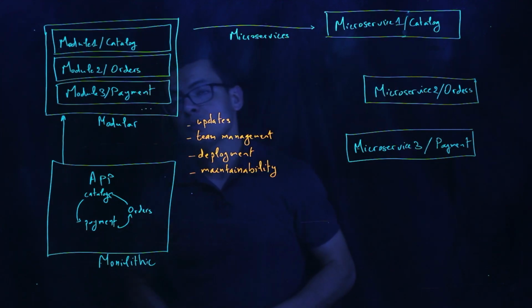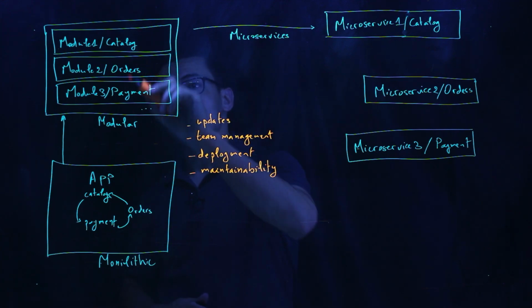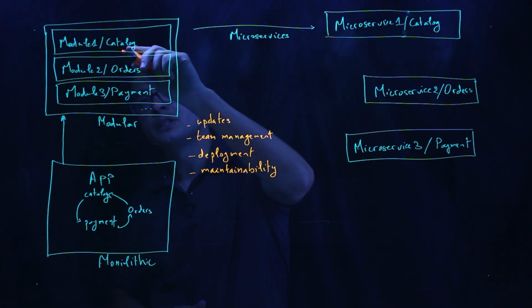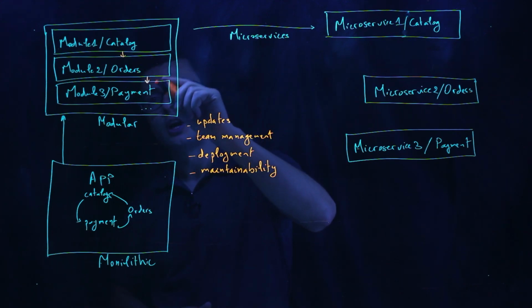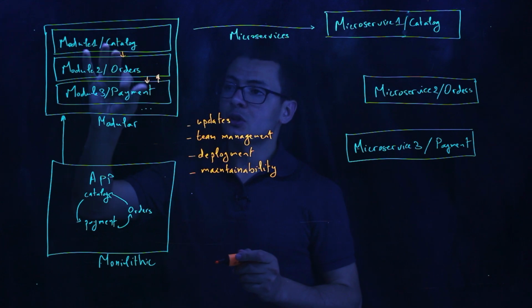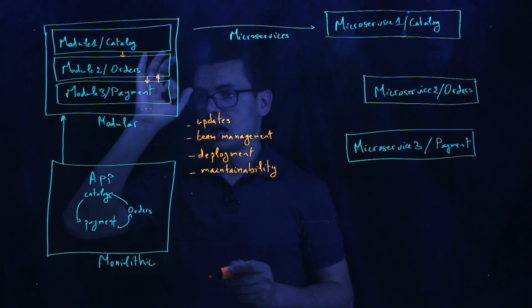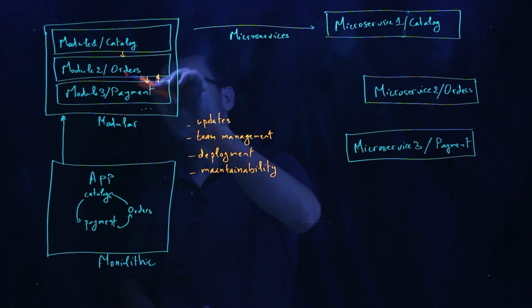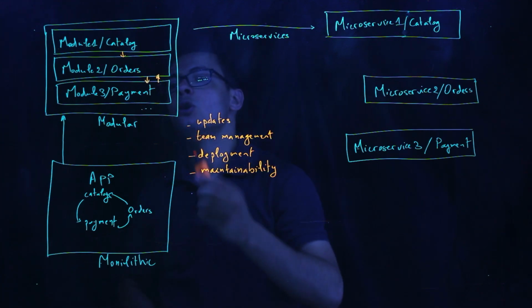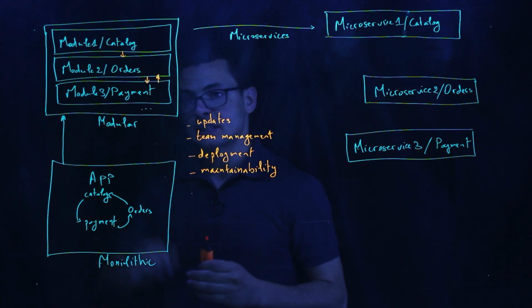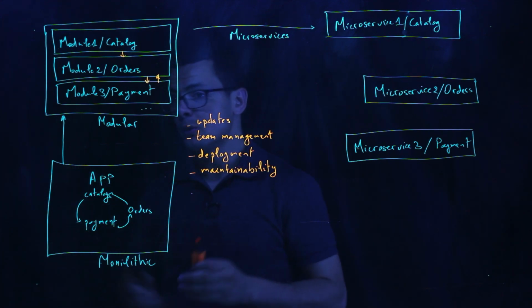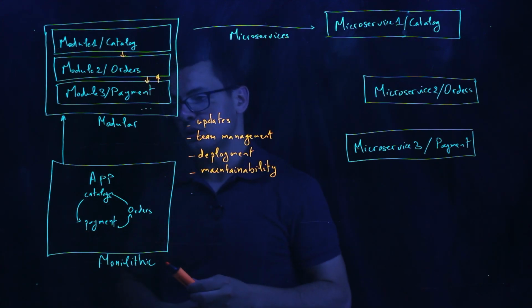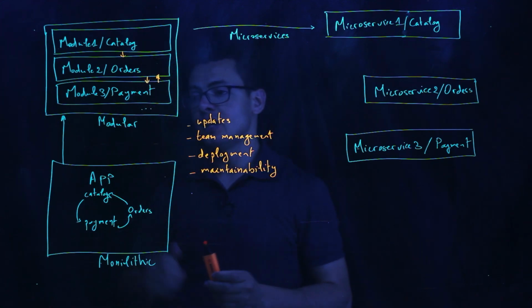Here, for example, the catalog module might call the orders module, and the orders might also call the payment module, and vice versa. In a monolith, because those modules live inside the same application, inside the same process, calling a module is actually a call for a method inside an object. It's simple, all of this still runs in the same memory. We just call the object name dot the name of the method.